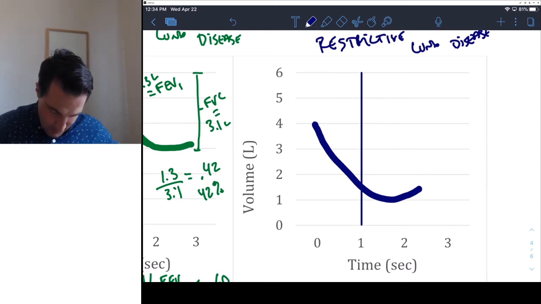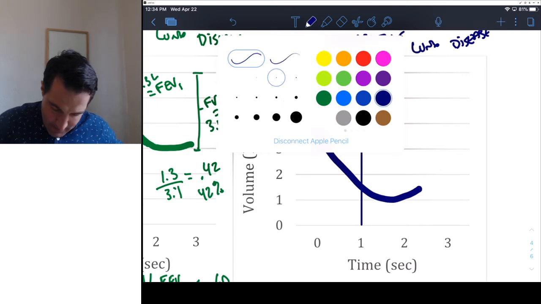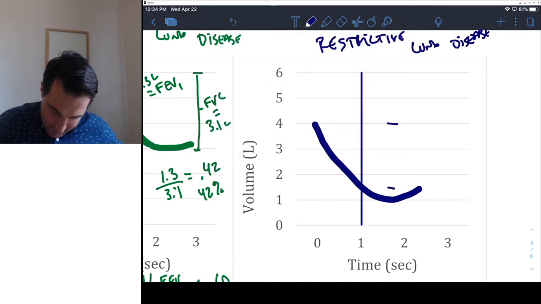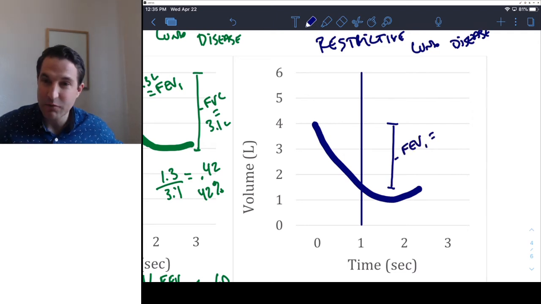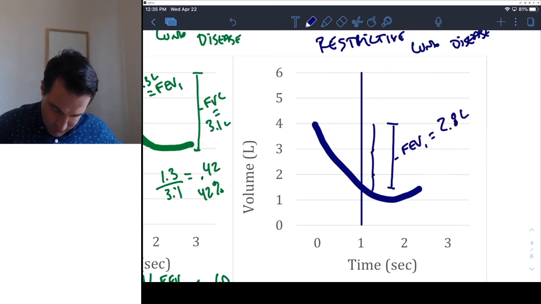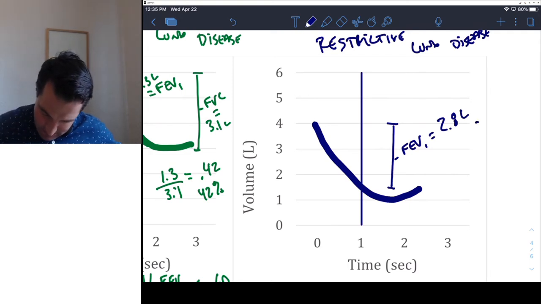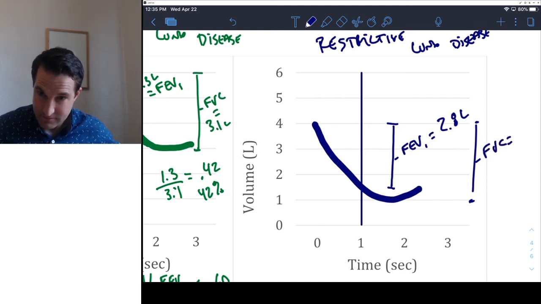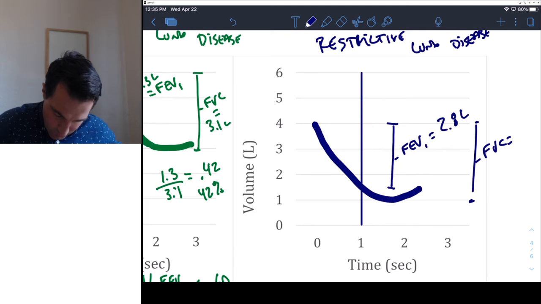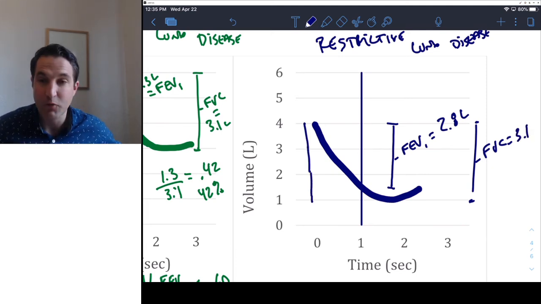Just like that. 1, 2, yep, that looks good. And if we looked at their FEV1 equals about 2.8 liters here. Okay, 1 liter, 2 liters, 0.8. Good. But if we look at their FVC, once again, right around 1, 2, 3, and a little bit. 3.1 liters.